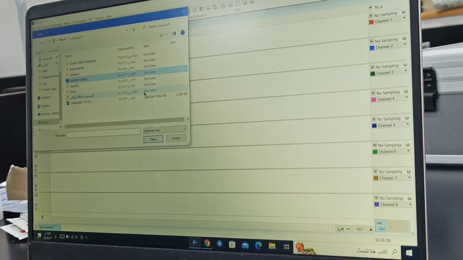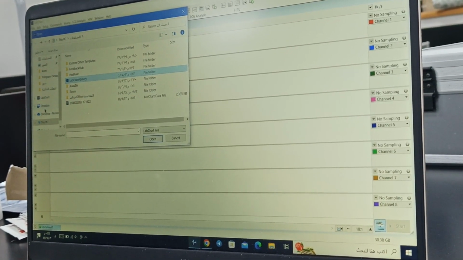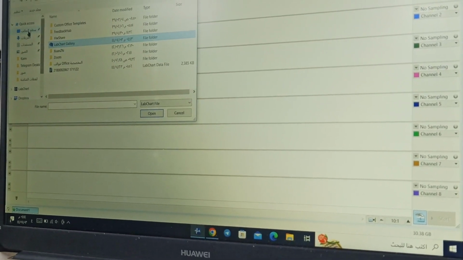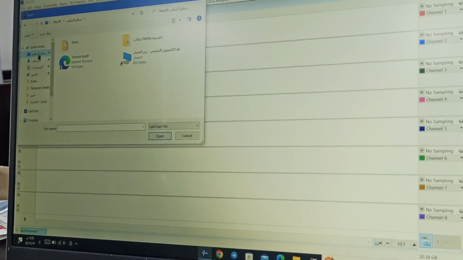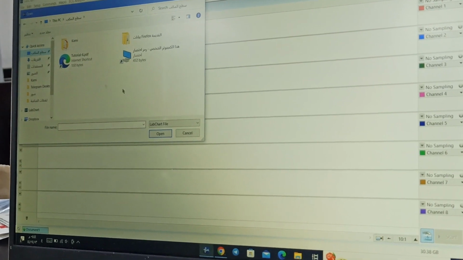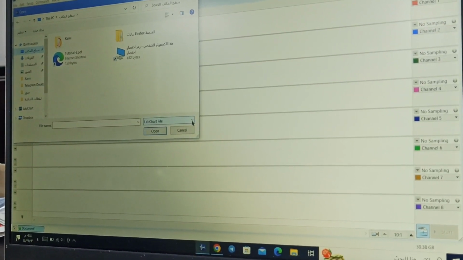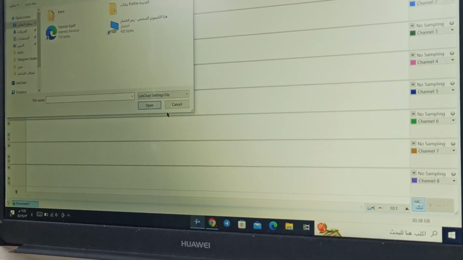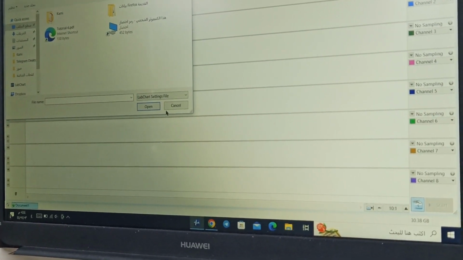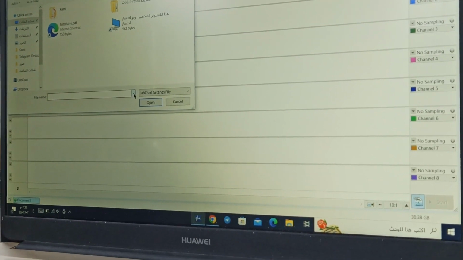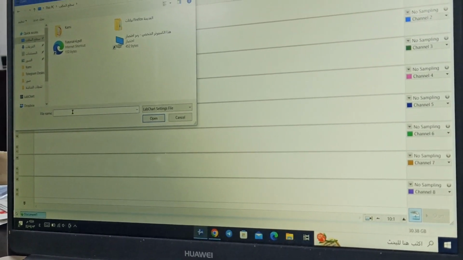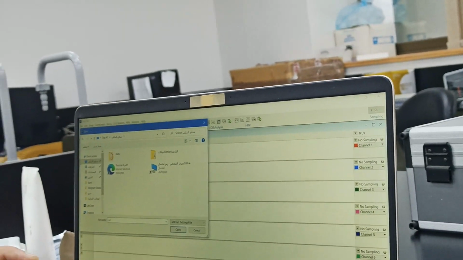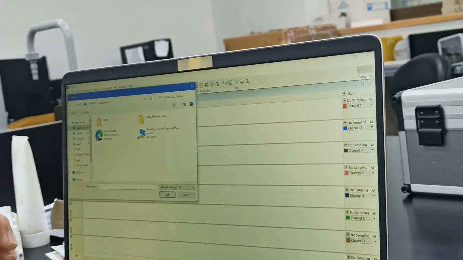Desktop maybe. What was the file name? It will find out. The 3 Jan file.